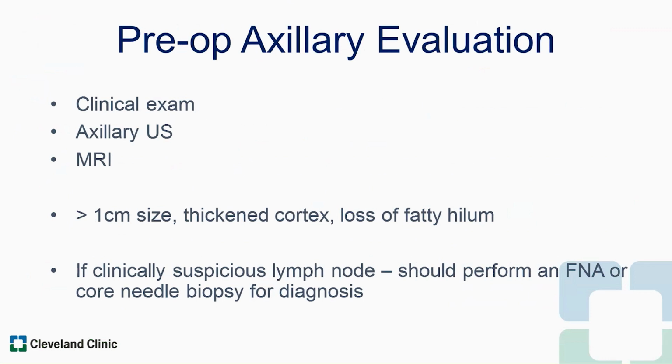Lymph nodes that are greater than 1 centimeter in size, have a thickened cortex, or loss of fatty hilum could potentially be suspicious for cancer in the lymph nodes. If clinically suspicious, the lymph node should have an FNA or a core needle biopsy performed to prove the diagnosis of cancer.